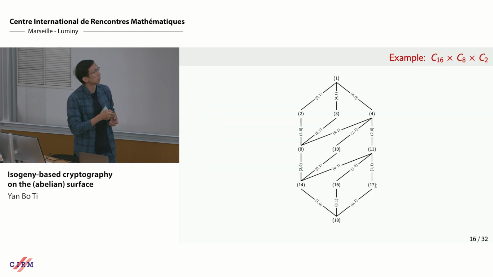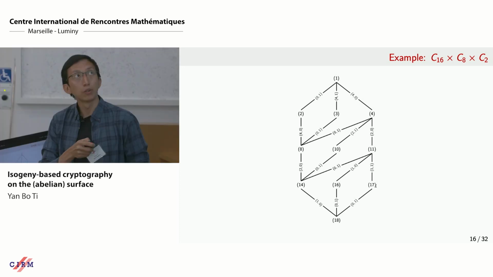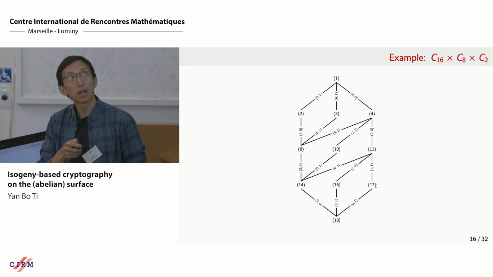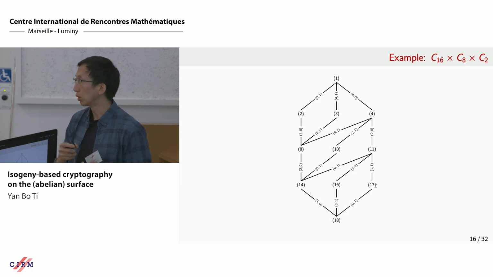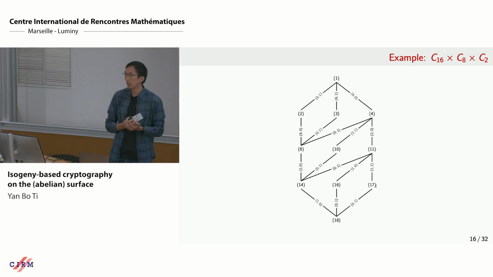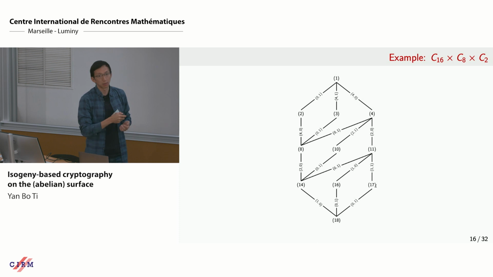You can actually try to look at different kernel structures. So for example, if you look at C16 cross C8 cross C2, you can see this diamond thing coming out again, and also over here, and also over here. So at each point, all you have to do is understand how many times you can have C2 cross C2 existing as a maximally isotropic group in your remaining subgroup.